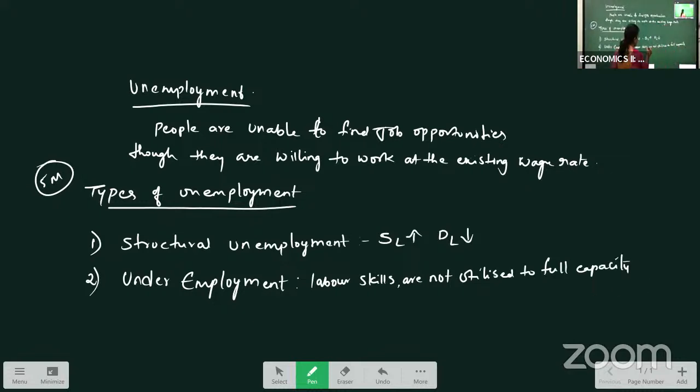We are wasting the skills of the labor. Though we have efficient labor, we are unable to utilize him. That situation is called underemployment. Skills are underutilized.